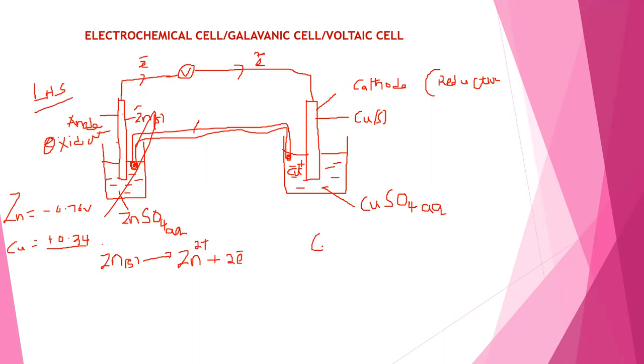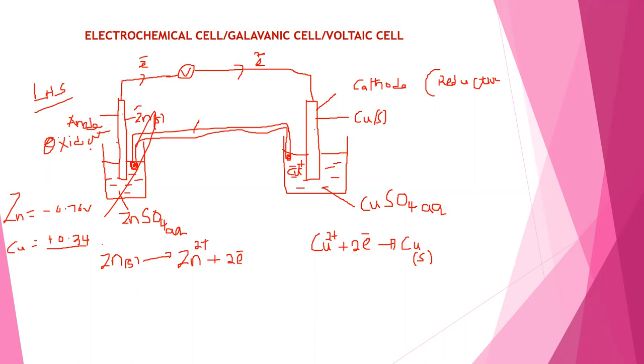So therefore, the half cell equation at the cathode is Cu 2+ combines with the 2 electrons from the anode to give us what we call the copper metal, which is now solid like that.